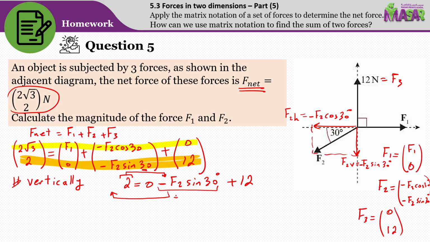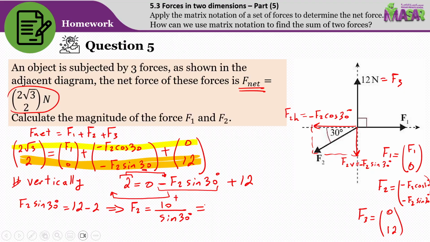So F2 sine 30 is equal to 12 minus 2. Now F2 is equal to, let me move sine 30 downward to the denominator, 12 minus 2 over sine 30, or 10 over sine 30, because 12 minus 2 is 10.